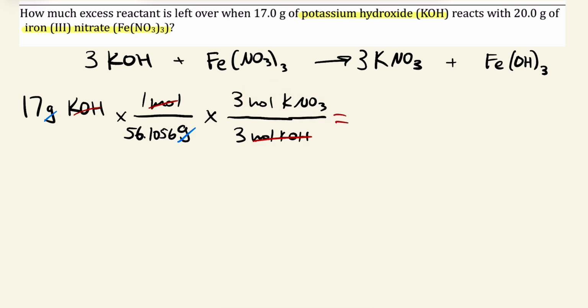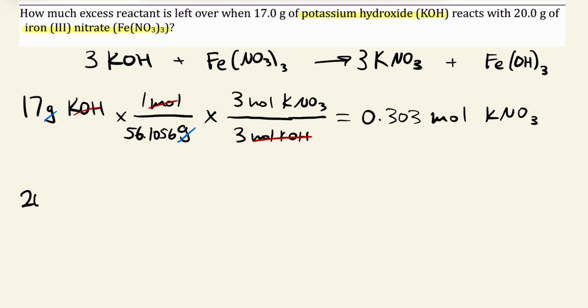So you're going to compute this using your calculator to give you 0.303 moles of KNO3. Now we're going to repeat this process using iron nitrate instead.